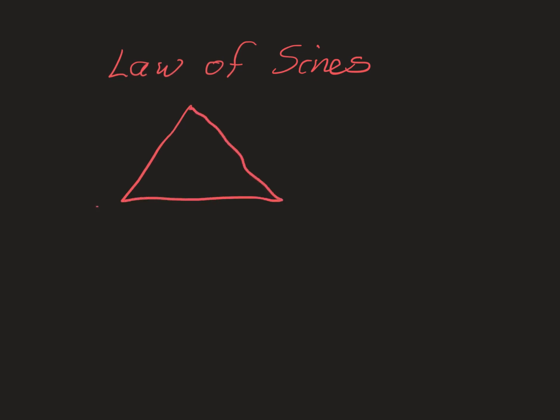So we're going to do the law of sines, and what we want to know is where does the law of sines come from? Okay? The law of sines comes from this situation. If you take a triangle, okay, and we have three angles, angle A, B, and C, and we just draw an altitude, let's say to make a right angle.